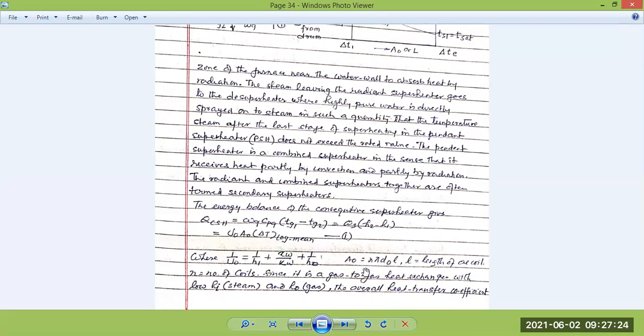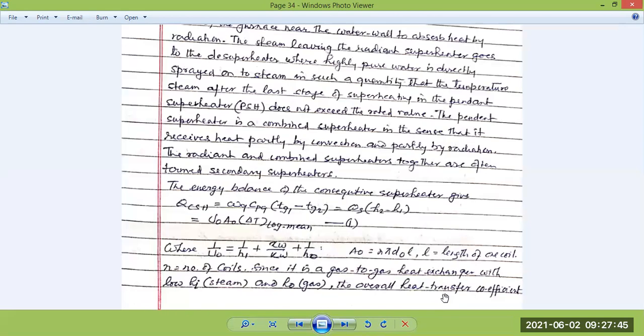A0 is the inside area of the tube, pi n d0 L. N is the number of tubes, L is the total length, and D is the inside diameter of the tube. And since it's a gas to steam heat transfer, with low heat transfer coefficient Hi for steam and higher heat transfer coefficient H0, the overall heat transfer coefficient will be like this.